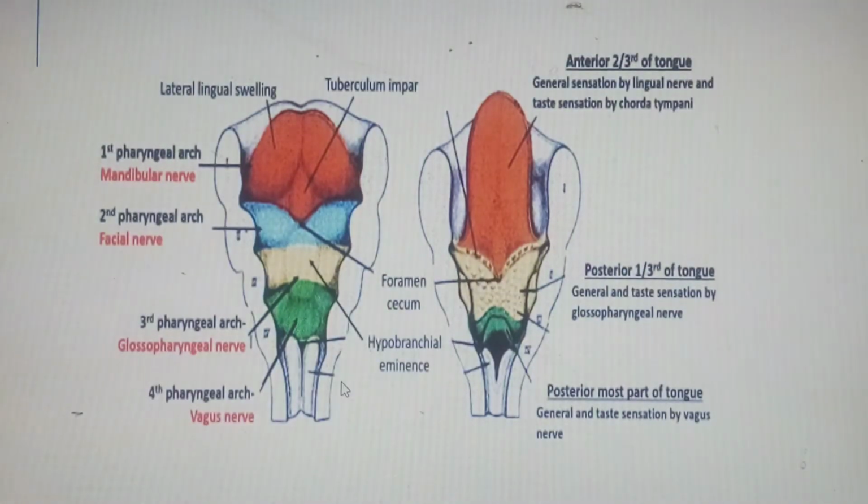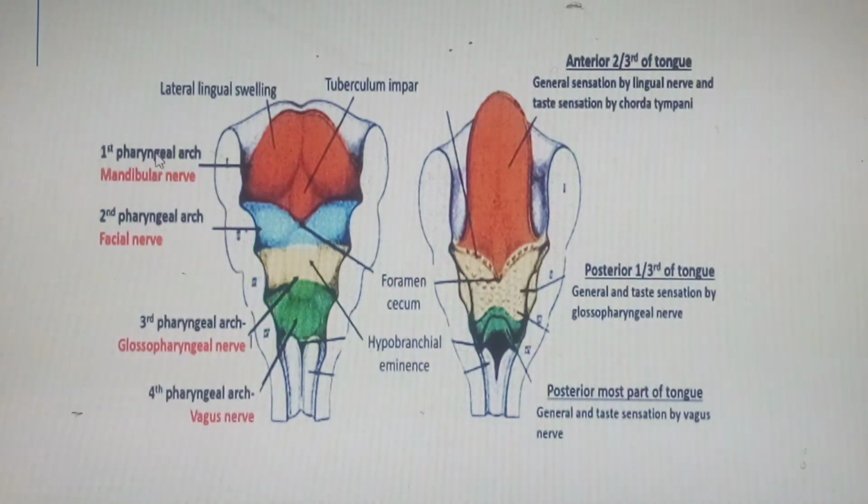Now, having seen these things, let's look at the logic behind some of these things. We say that for the anterior two thirds of the tongue, general sensation is coming from the lingual branch of the mandibular nerve, the third division of the trigeminal nerve. Why?